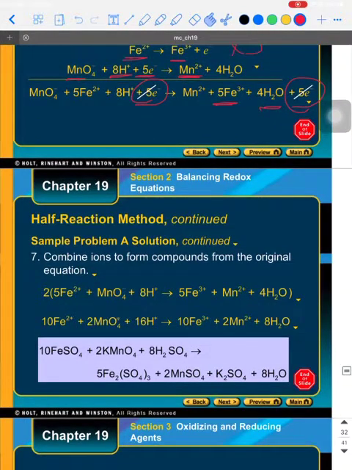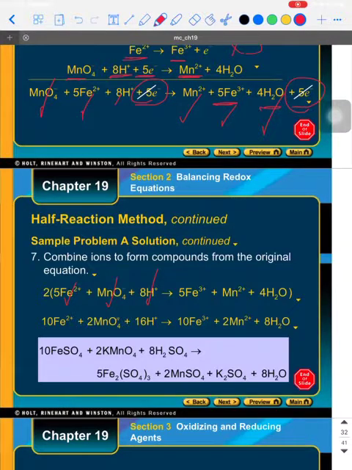5 Fe2+ plus MnO4- plus 8 H+ gives 5 Fe3+ plus Mn2+ plus 4 H2O.